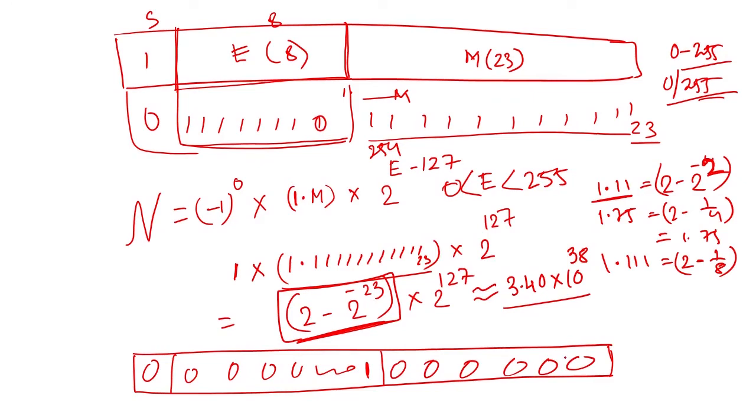So, what will be the value if you put it in the formula here? This will be 1 into 1 point all 0, so it is only 1 into 2 to the power E. What is the value of E? 1 minus 127, so 2 to the power minus 126. This is the least positive number.